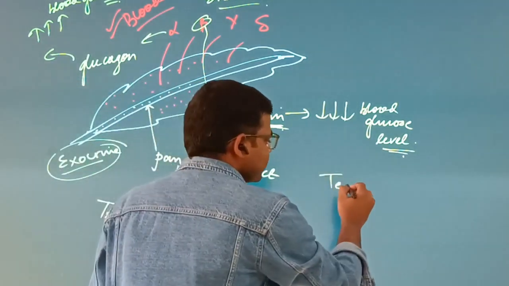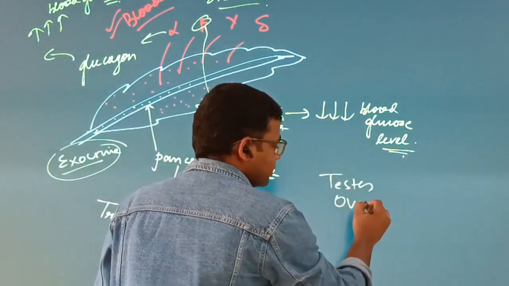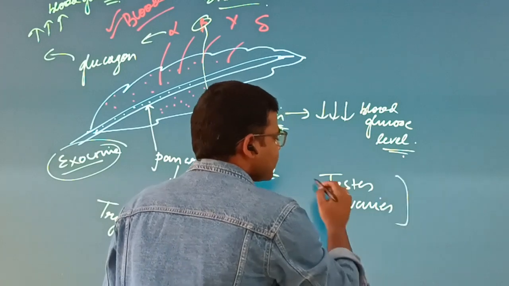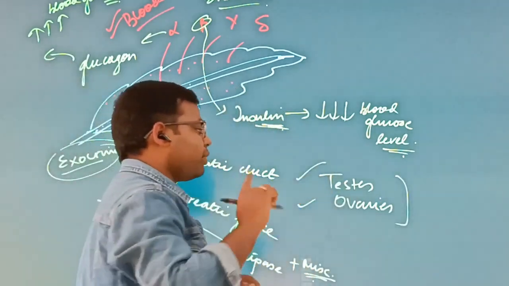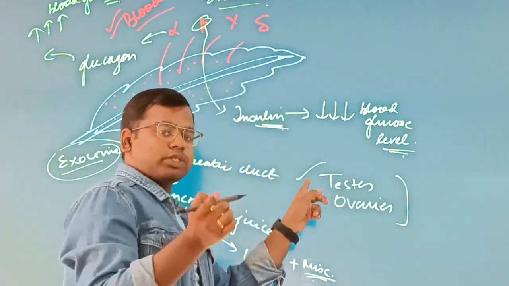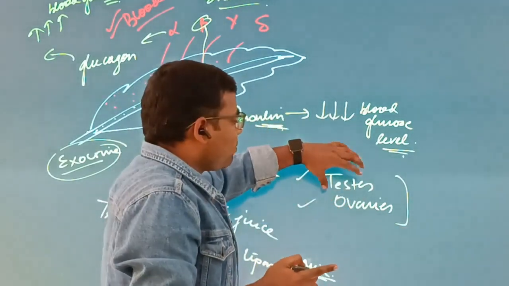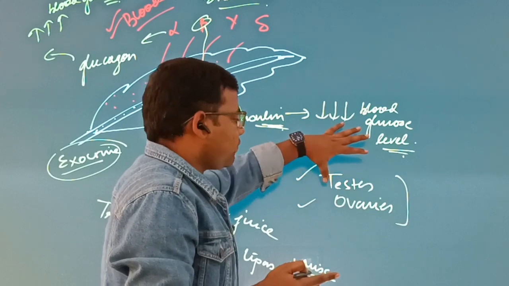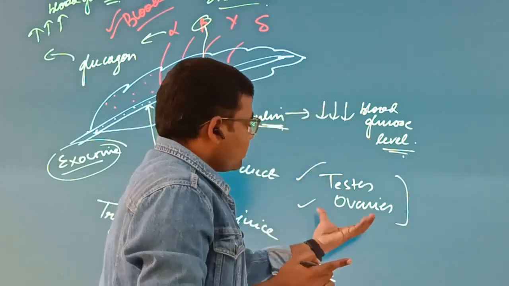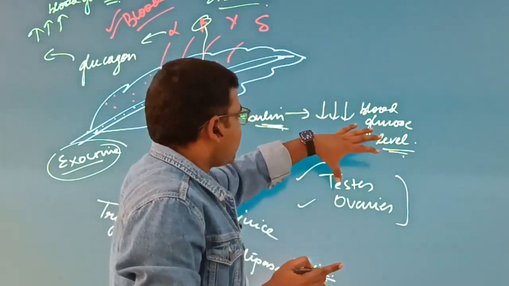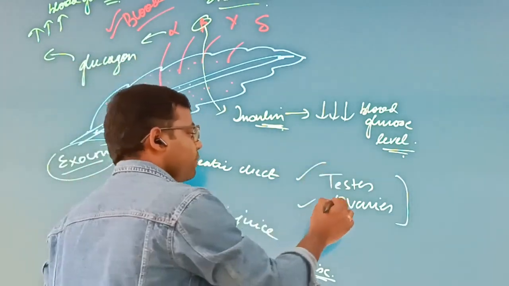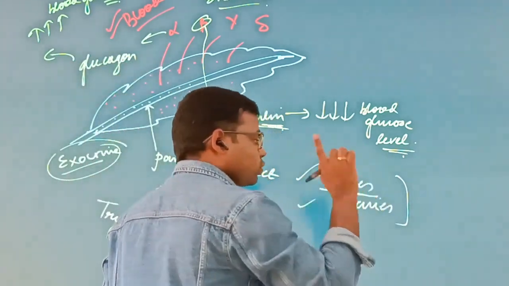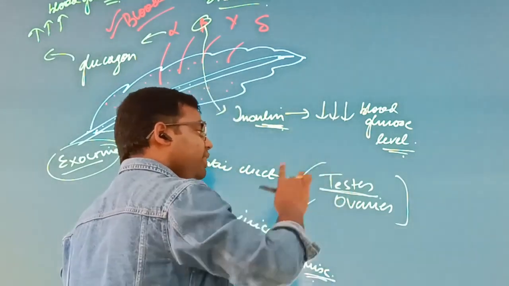Similarly, the testes and ovaries both produce gametes. From the testes, gametogenesis, spermatogenesis, will happen. The sperm will be released via the vas deferens, the sperm duct. So the duct is there, therefore it is exocrine, and also the sex hormone testosterone produced in the testes will be released into the blood without any duct.